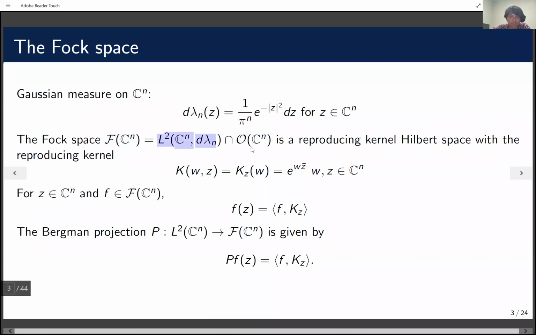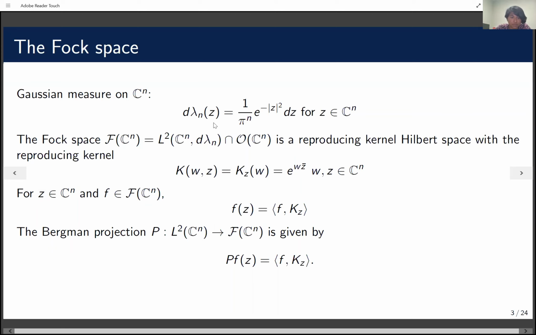It is a reproducing kernel Hilbert space with the reproducing kernel K(w, z) equal to e to the w z bar, and we also denote it by k sub z of w. For any z in C^n and for any function in the Fock space, the point evaluation is given by the inner product between f and k sub z.